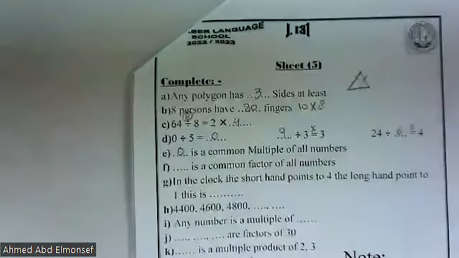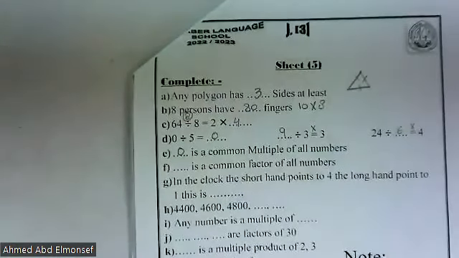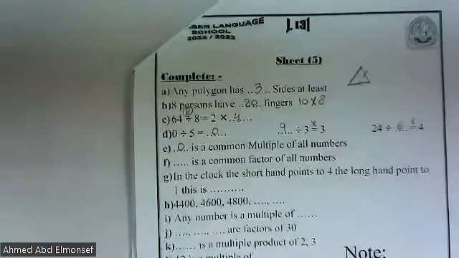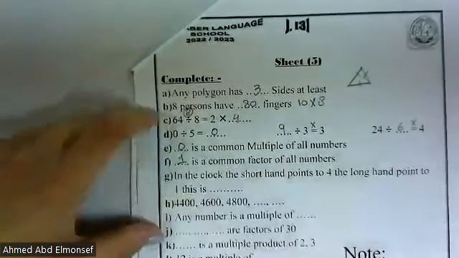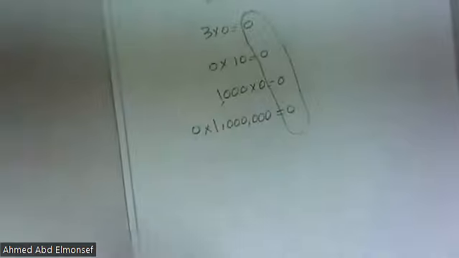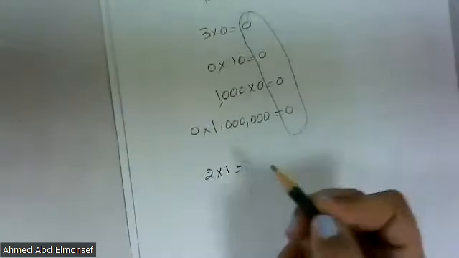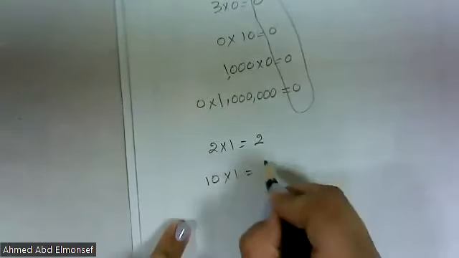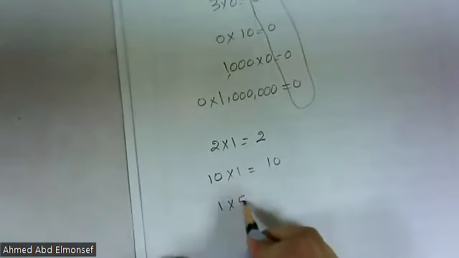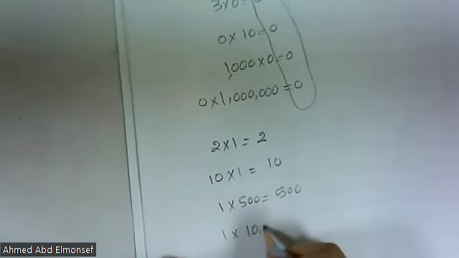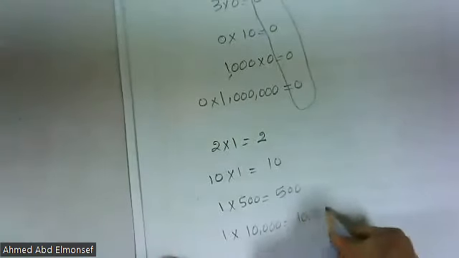Of course, the answer to this question depends on the next question. So what is the common factor of all numbers? Yes, 1. Let's see why the 1 is a common factor for all numbers. 2 times 1 equals 2. 10 times 1 equals 10. 1 times 500 equals 500. 1 times 10,000 equals 10,000.